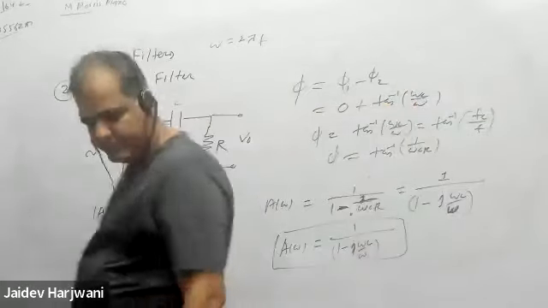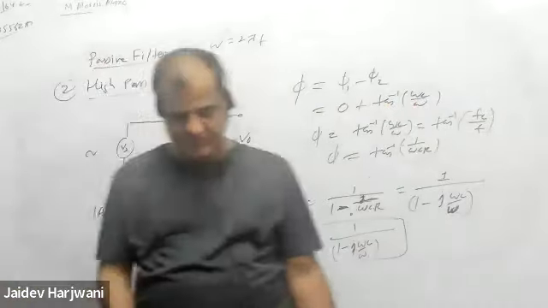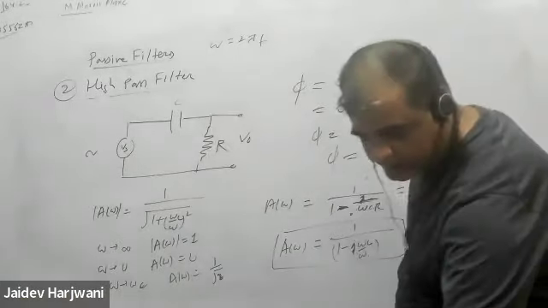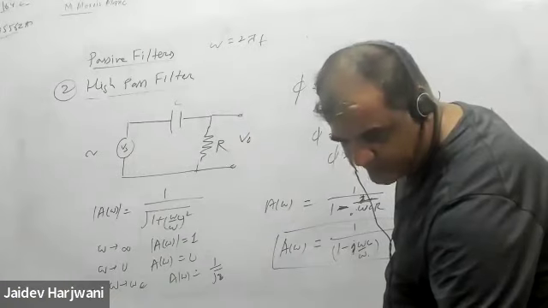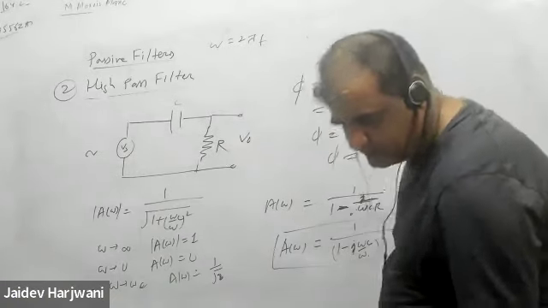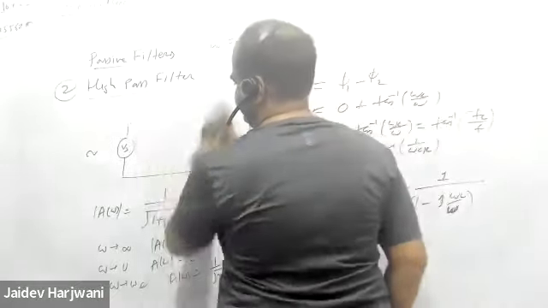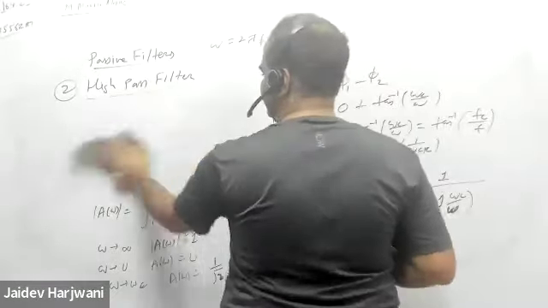Now plot the gain versus frequency, and then you can also plot the phase. If I plot now, it will come the same way as before.